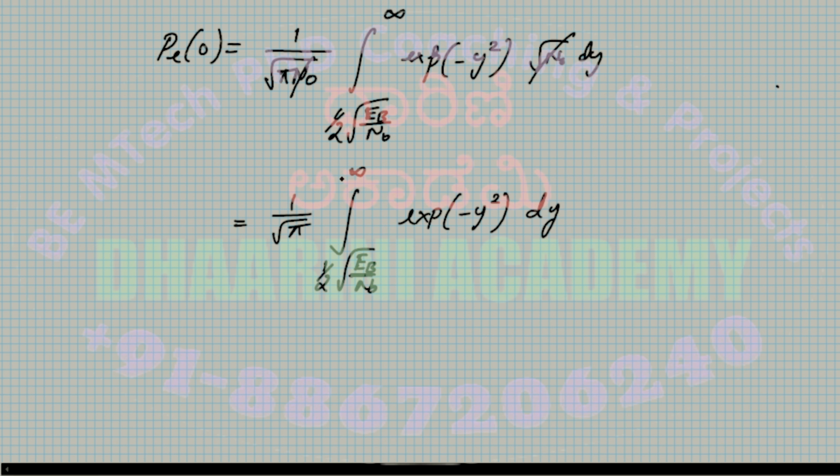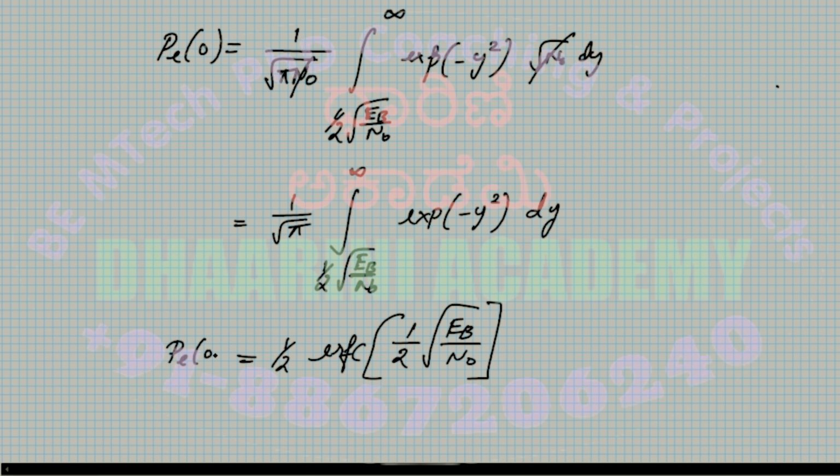You see the limits have been negated and their positions exchanged, which means there is no change. It's once again the same function, so that is also equal to half of the error function complement of 1 by 2 root Eb by N naught. That is the probability of error of 0. Let me call this equation number 5.